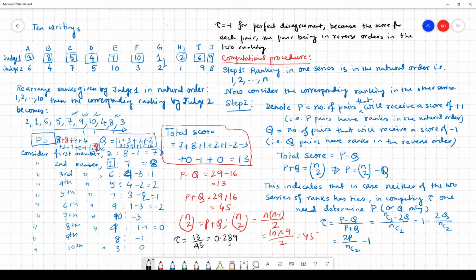And if you look at our previous class, when we used the Spearman rank correlation coefficient, we got the same conclusion as Kendall's tau.